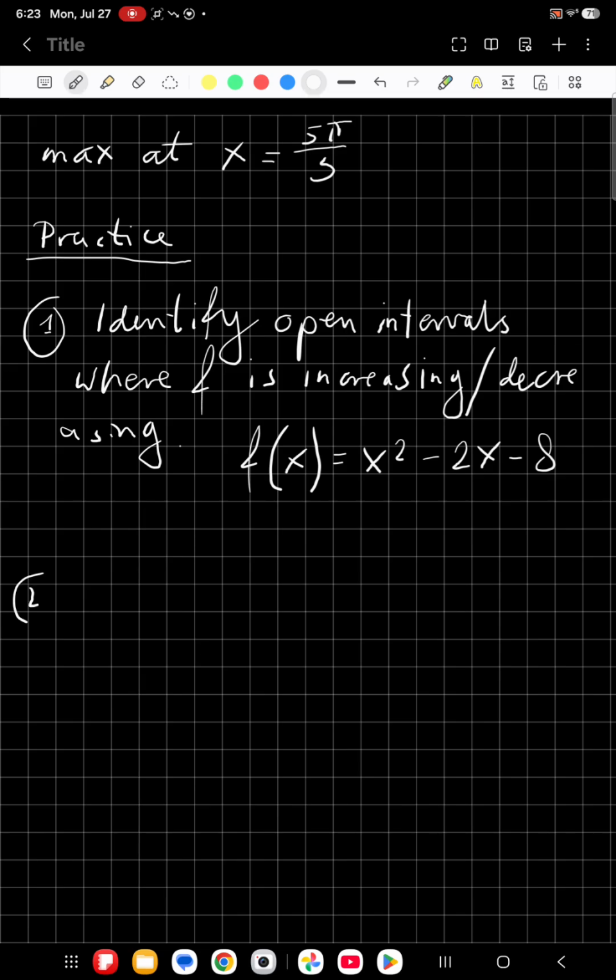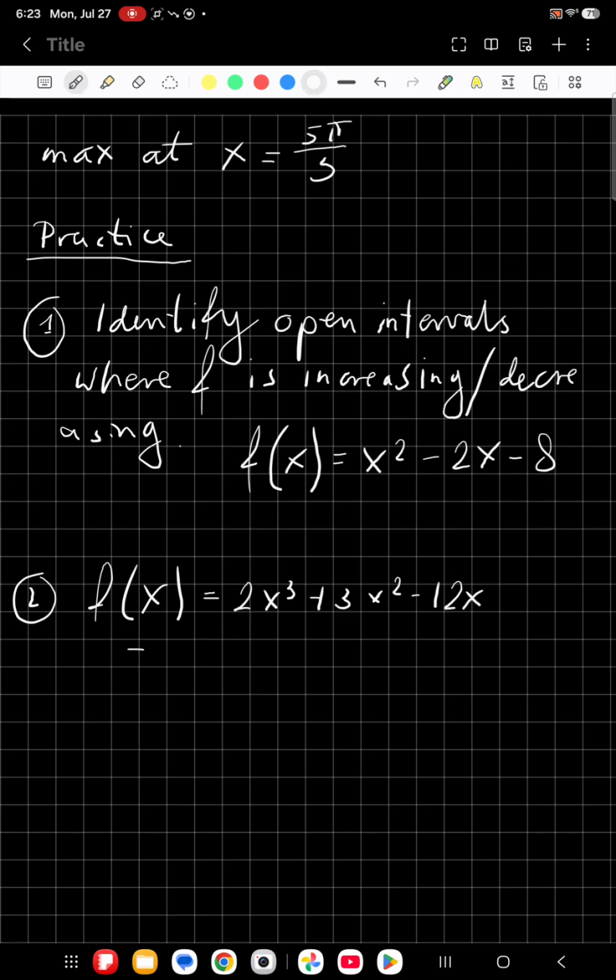The second problem. Okay, basically it's similar, right? But I also would like you to find those maxima and minima. So we have 2x cubed plus 3x squared, and then minus 12x.